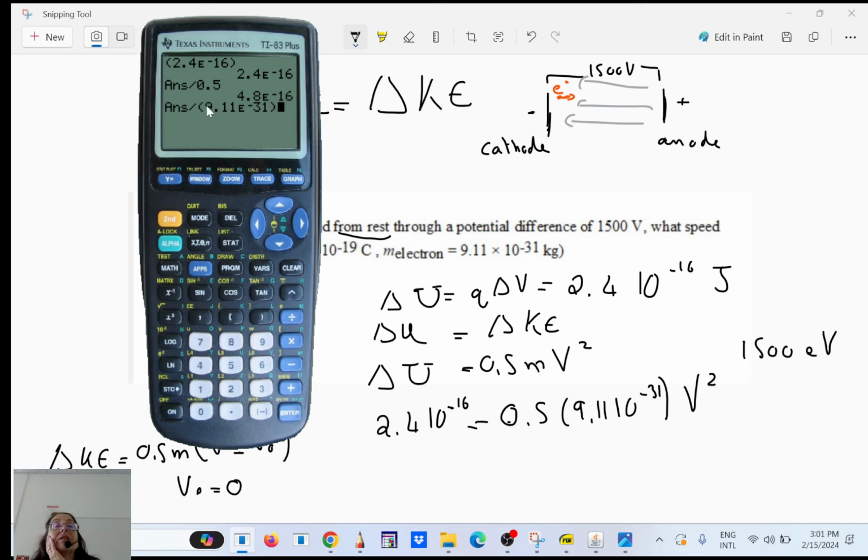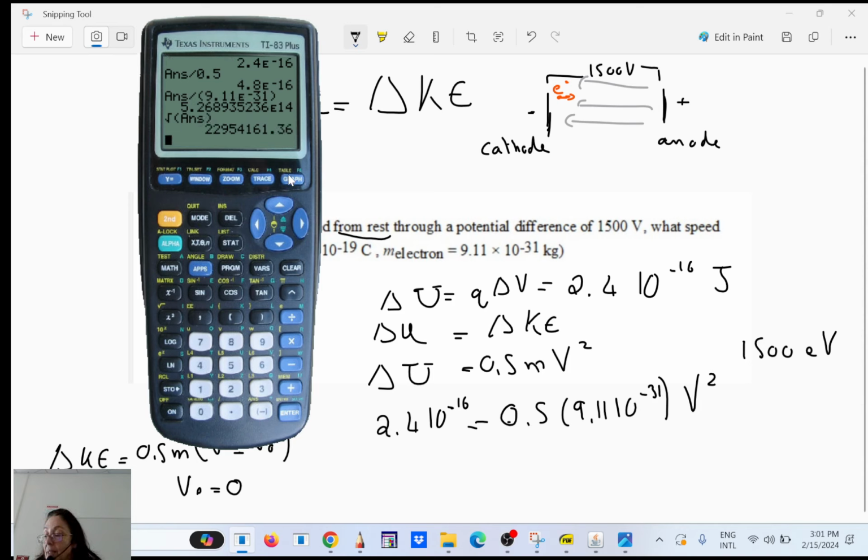Make sure you always frame the denominator, enter, and then you take the square root. So, second square, you call back the answer, so second minus, and that's something like this. Did you get that?